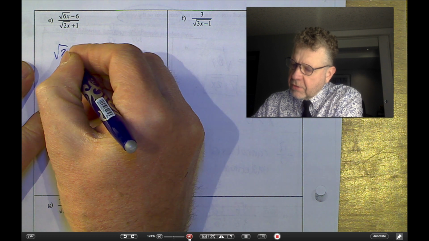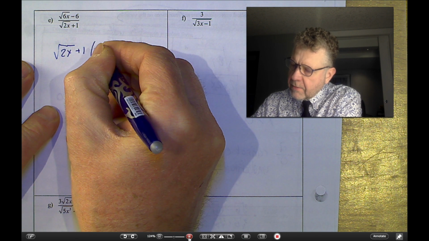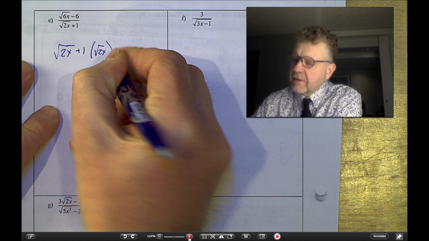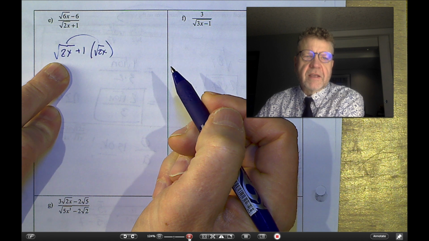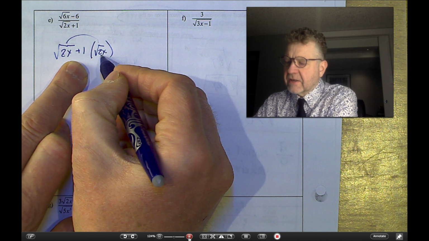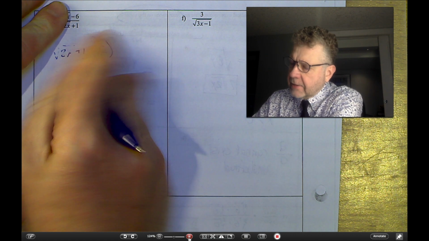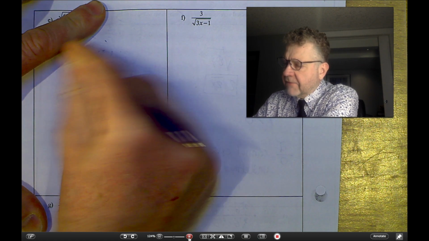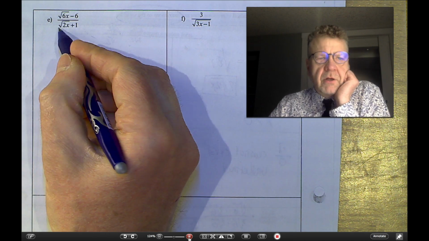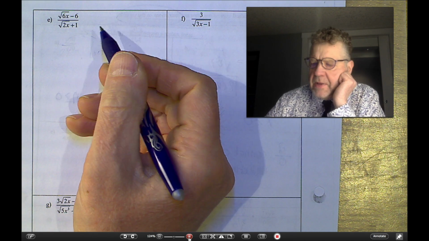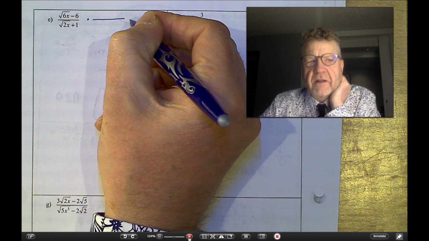If I just go times square root of 2x, this times this will get rid of the square root sign, but I'm going to create another square root sign here. So you just can't multiply it by that. You'll just have to train yourself to see that if you have a radical plus or minus something, then you're going to multiply by the conjugate of the denominator.